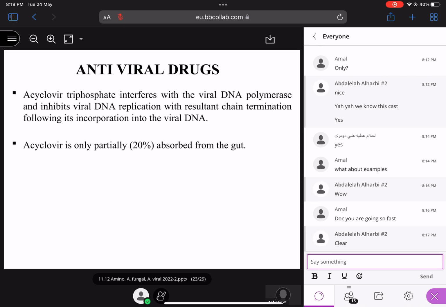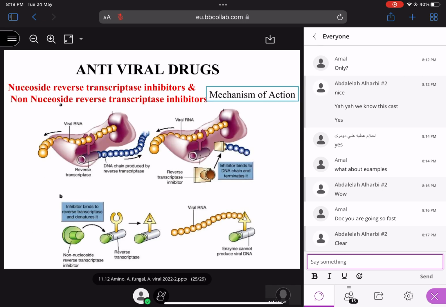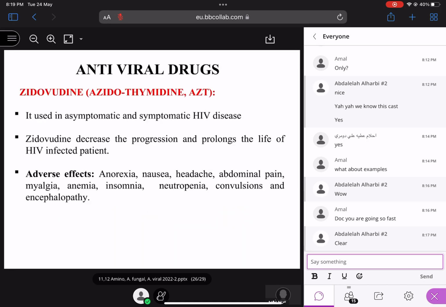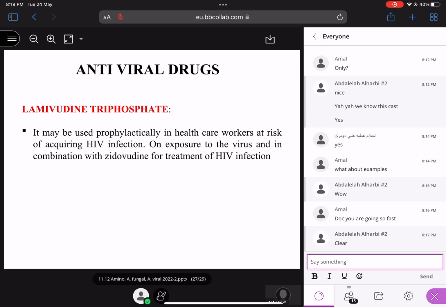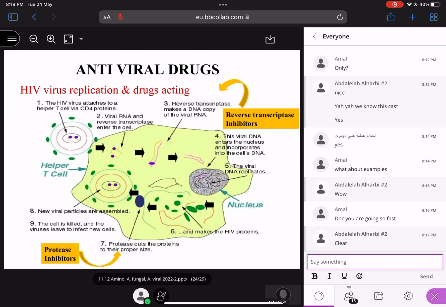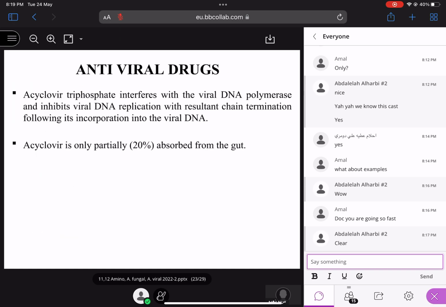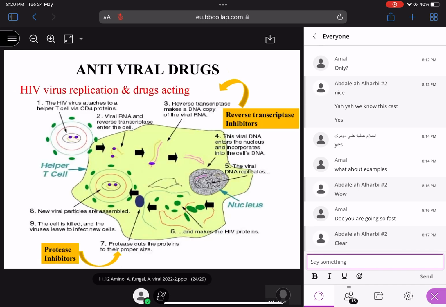In the antiviral, you have to know important points from each class. What is the use of acyclovir?